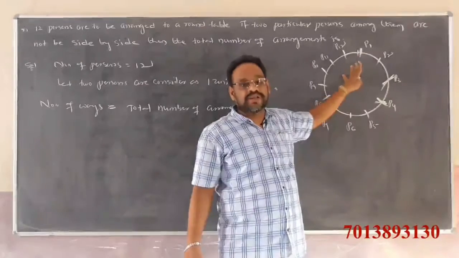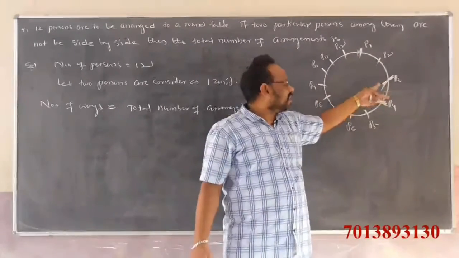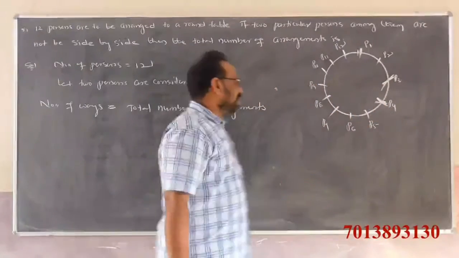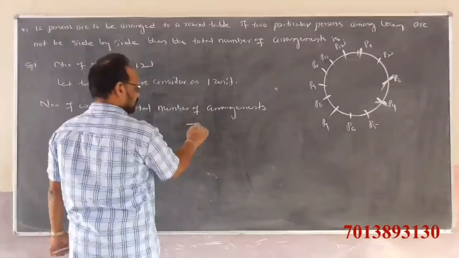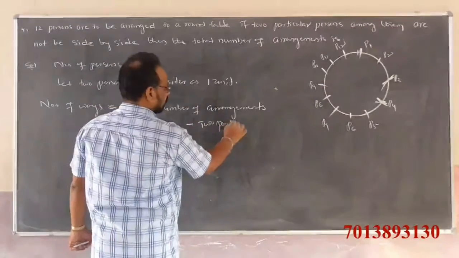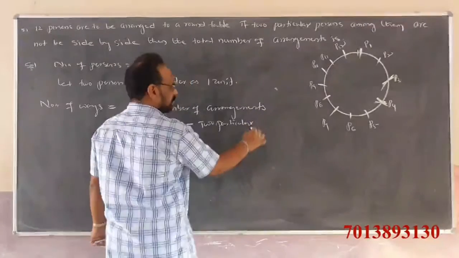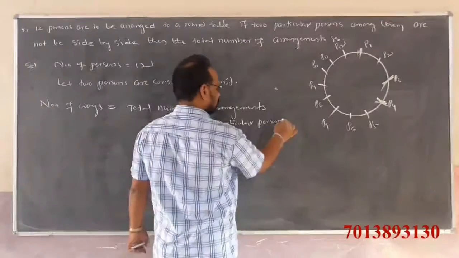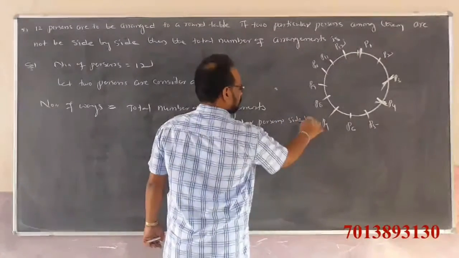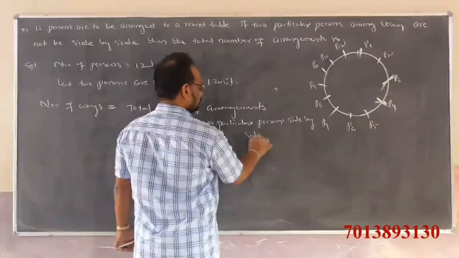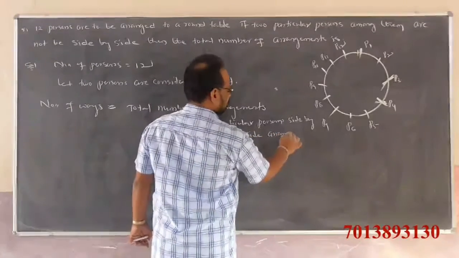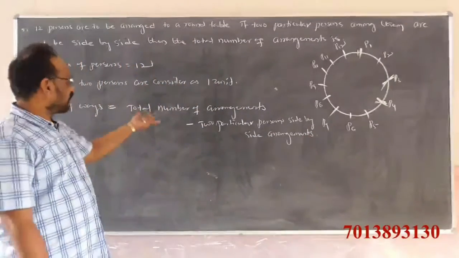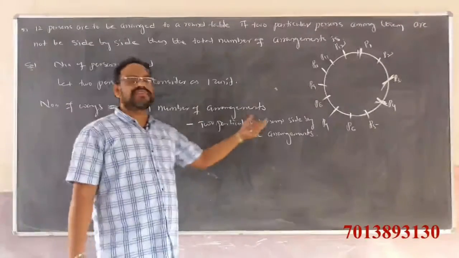So 12 minus 1 factorial, minus the two particular persons side by side arrangements.